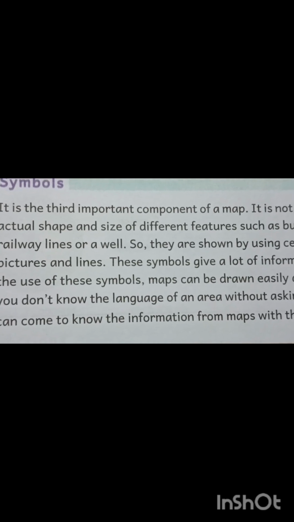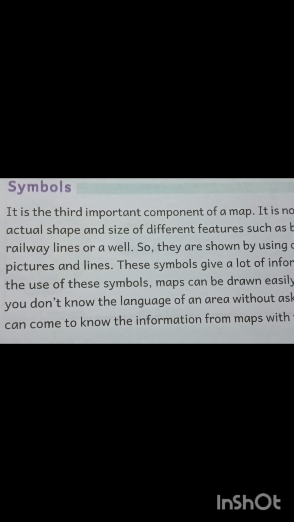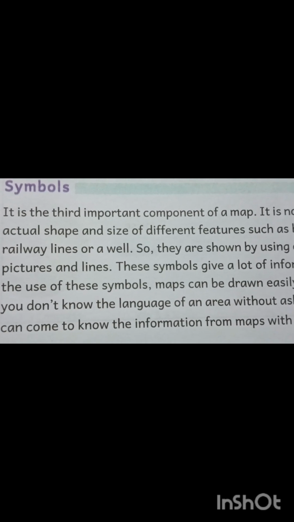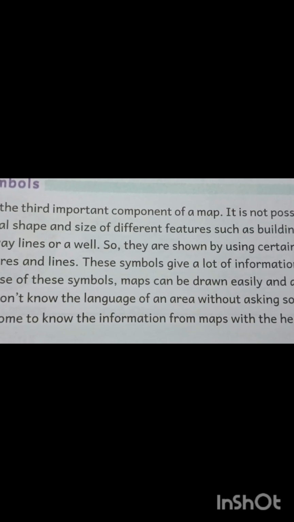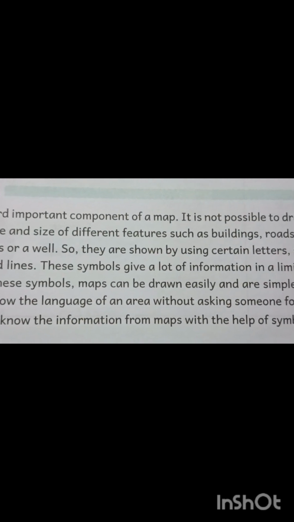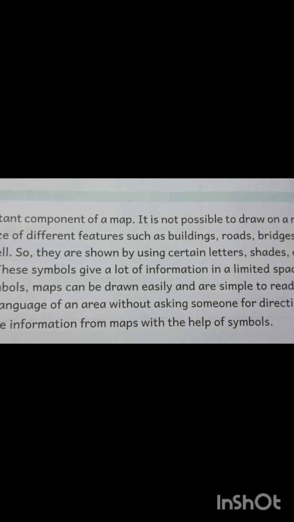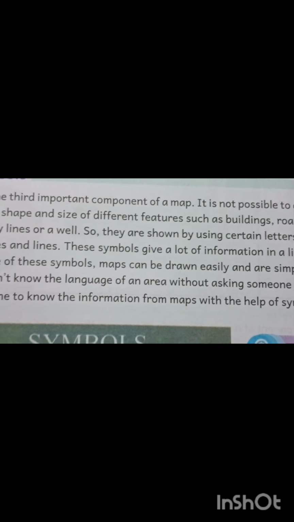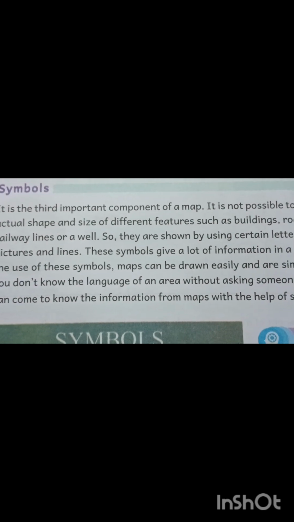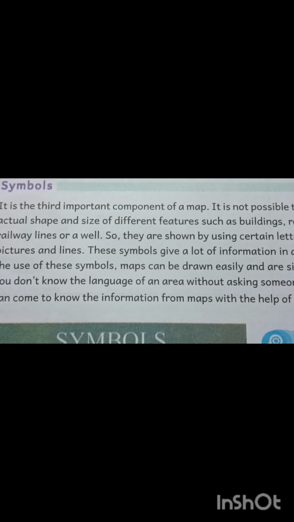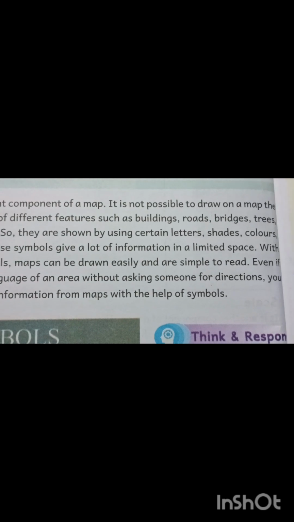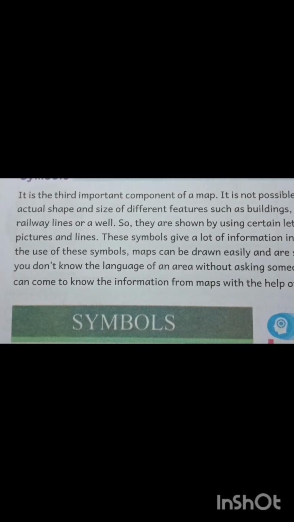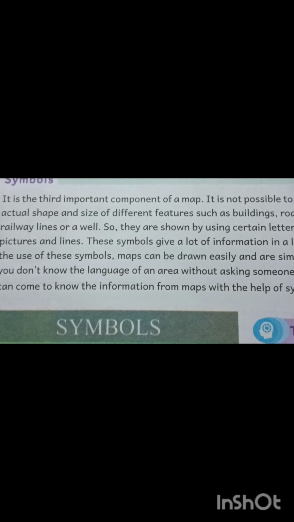The third component we are going to know is called symbols. It is the third important component of a map. It is not possible to draw on a map the actual shape and size of different features such as buildings, roads, bridges, trees, and railway lines as well.